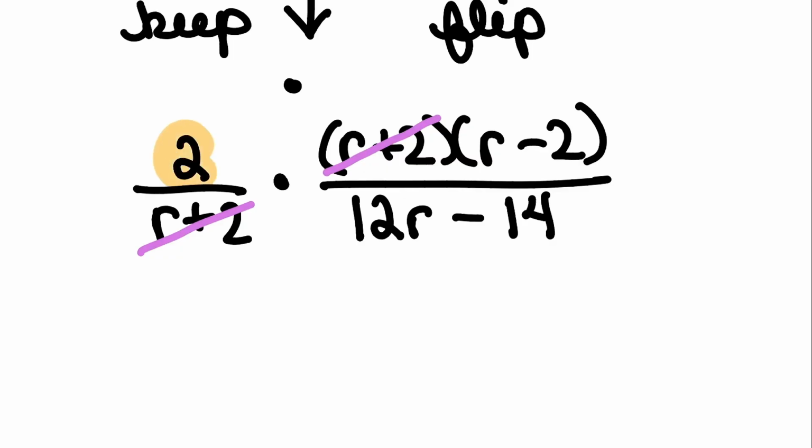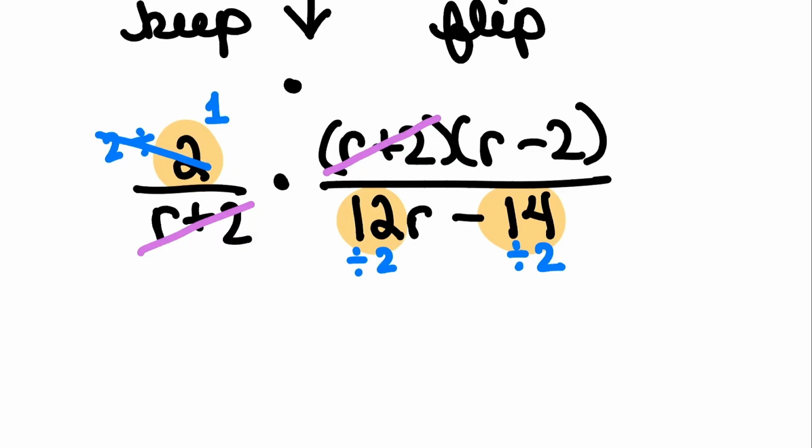Now let's take a look here. We do have a 2, and we have a 12 and a 14. So we can actually divide all of these terms by 2. That's going to make this top left a 1, because 2 divided by 2 is 1.